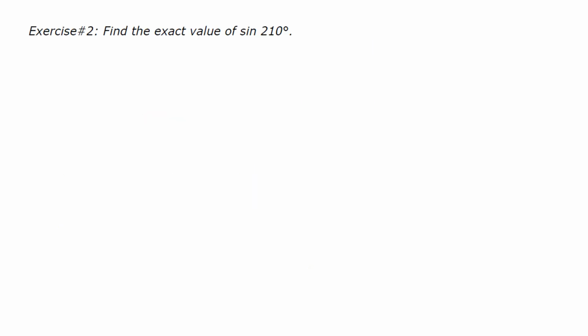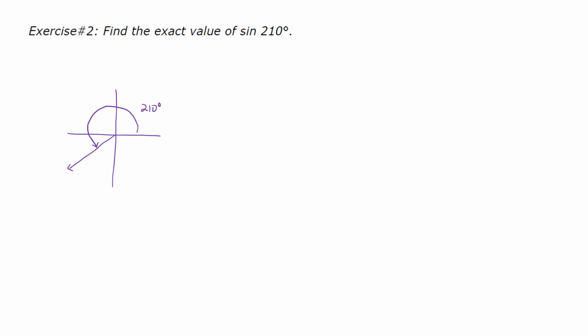Okay, so for exercise 2, we're asked to find the exact value of the sine of 210. So let's first draw a visual of where 210 is located on our unit circle. 210 would be located in the third quadrant. This is 210 degrees.